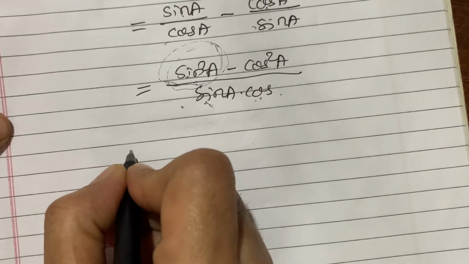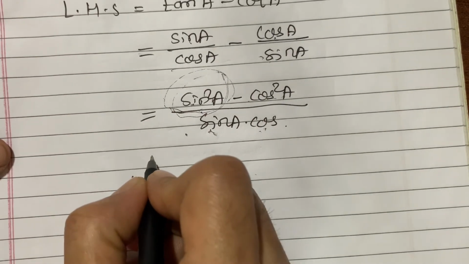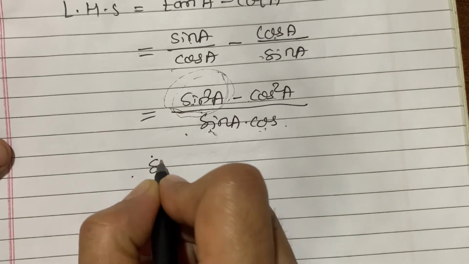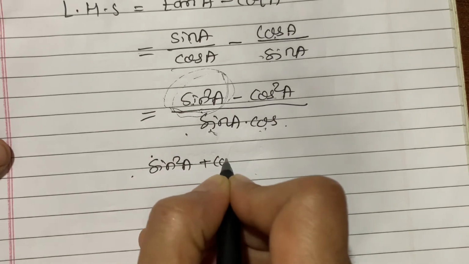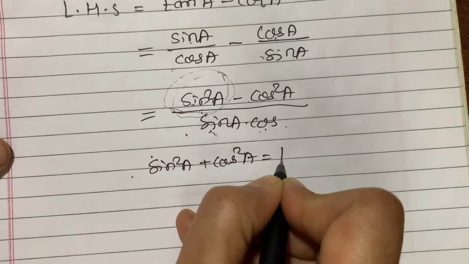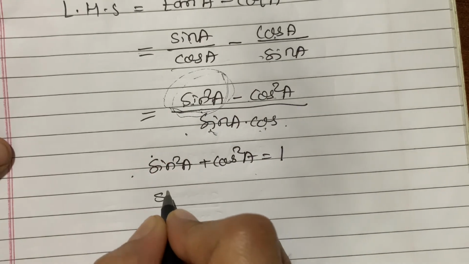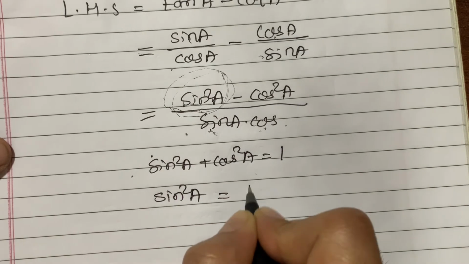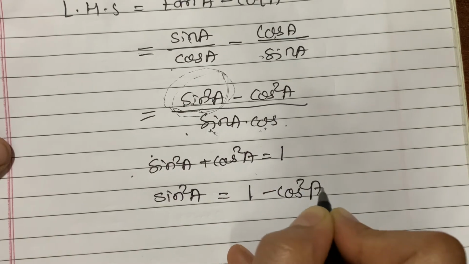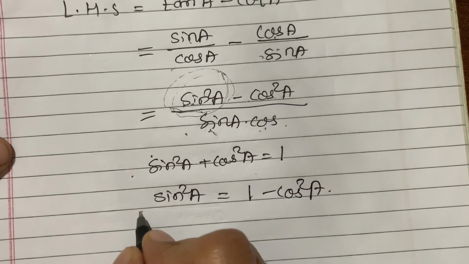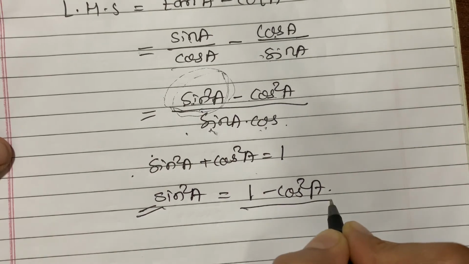By using the square relationship. I know that sin square A plus cos square A is equal to 1. I want to remove sin square A, so in place of sin square A, I can write 1 minus cos square A.